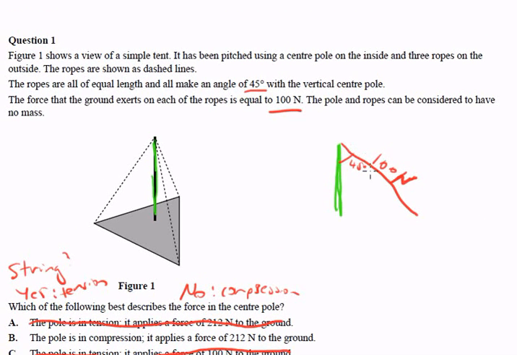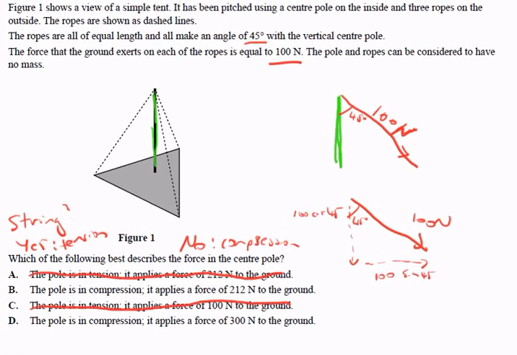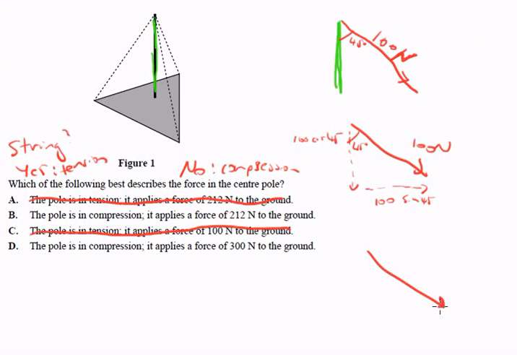Alright, like I said, there's one rope here which is 100 newtons pulling down that way. We can say that one rope of 100 newtons is made up of components of pulling down this way and pulling across this way. If that's 100 newtons and this is 45 degrees, then this side here is the adjacent, so this must be 100 cos 45, and the bottom side is the opposite, so that's 100 sin 45.